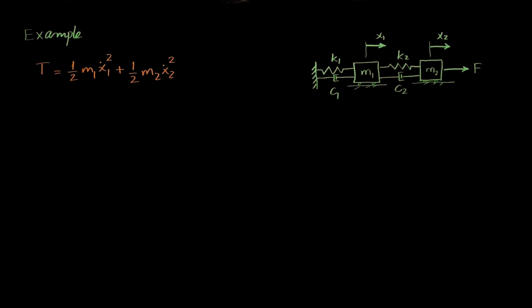The potential energy, we have two springs, so 1/2 k1, the stretch in spring 1 is x1, so that's x1 squared, plus for the second spring 1/2 k2, the stretch in the second spring is the difference between the x1 and x2 motions, so it's (x2 minus x1) all squared.